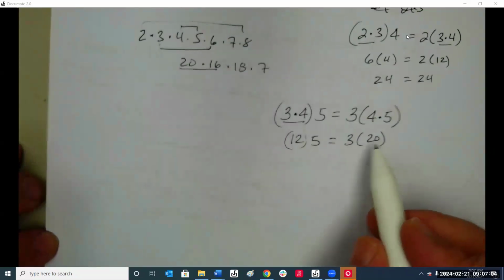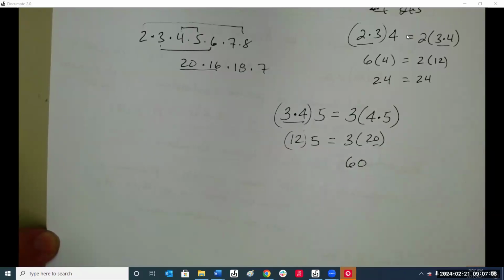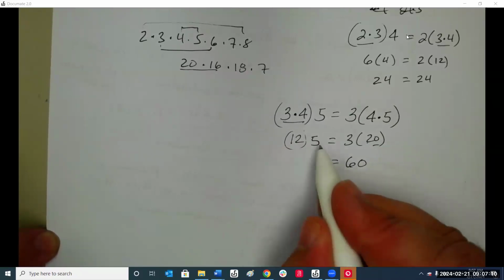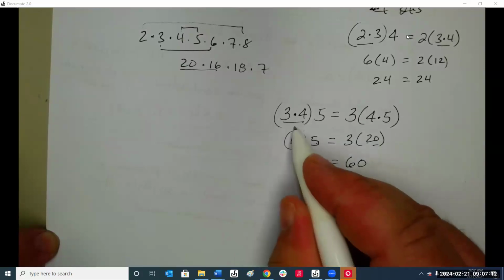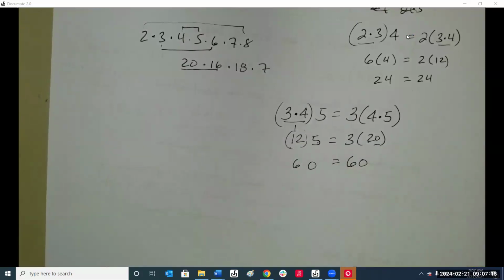To do this one, all you gotta do is 3 times 2 is 6 and put a 0 by. This one, 5 times 2 is 10, carry the 1, 5, and then all this other stuff. So that's the purpose of this whole property, is I can pick which two I multiply together first.